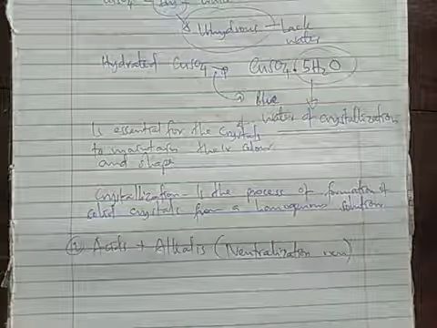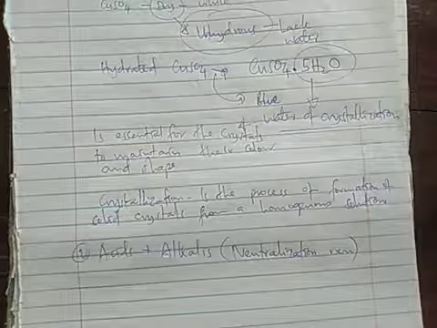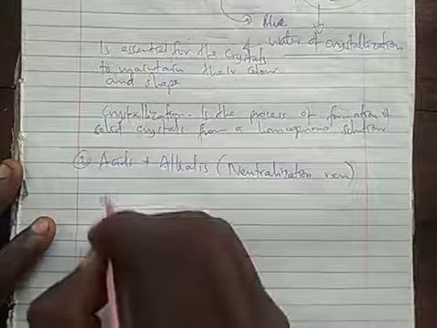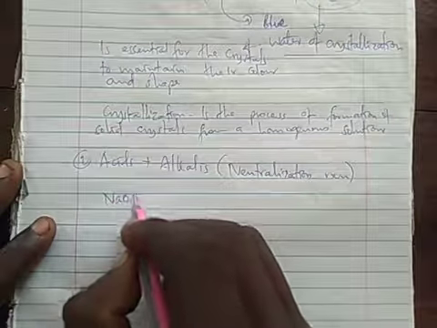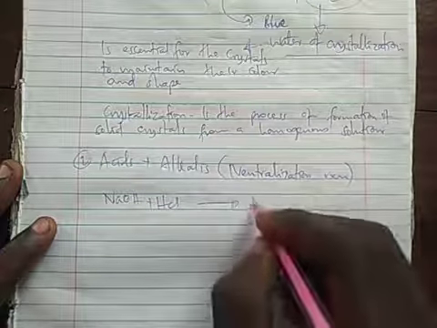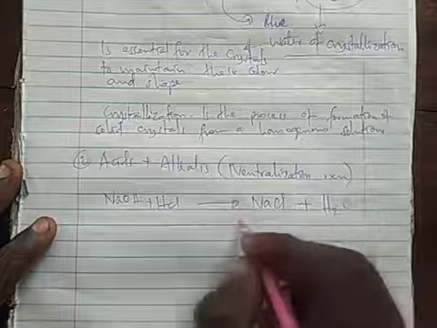We gave several examples of these reactions and the resulting compounds. For example, sodium hydroxide plus HCl gives sodium chloride plus water. It's like this.